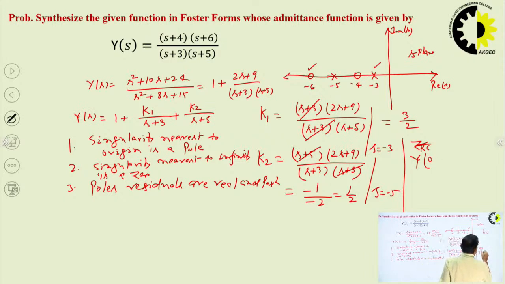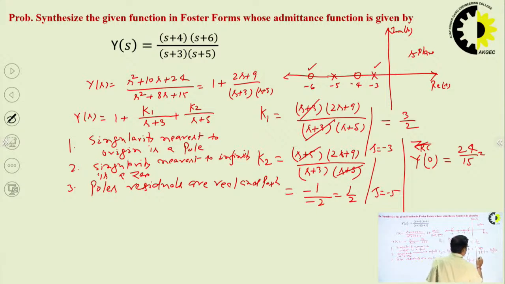So what is Y(0)? So Y(0) is basically, put s is equal to 0, so 6 into 4, 24 divided by 15. So it is 8 by 5.